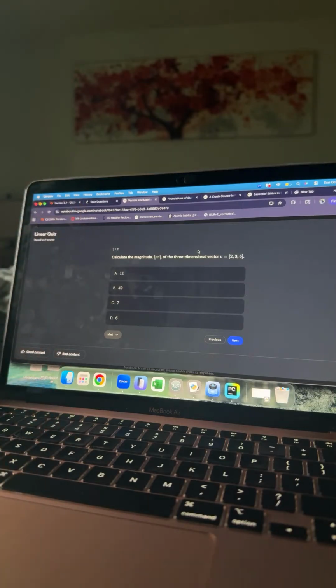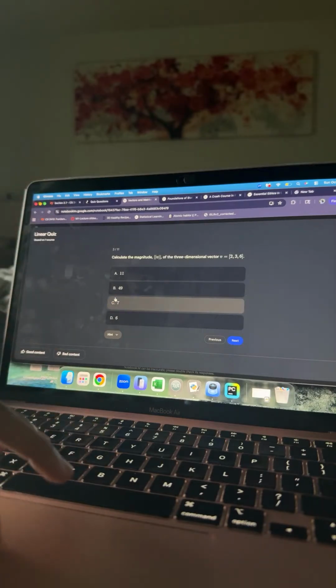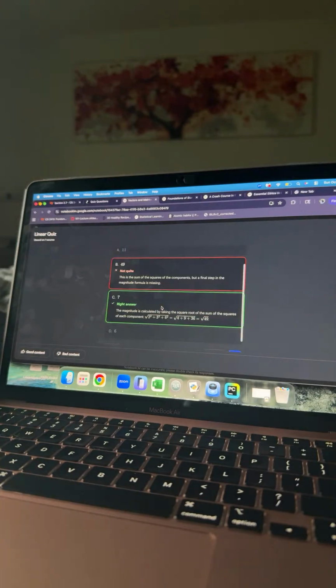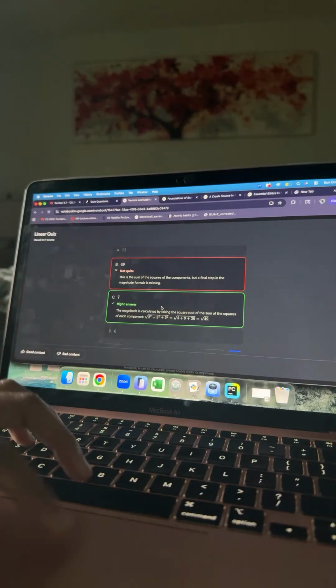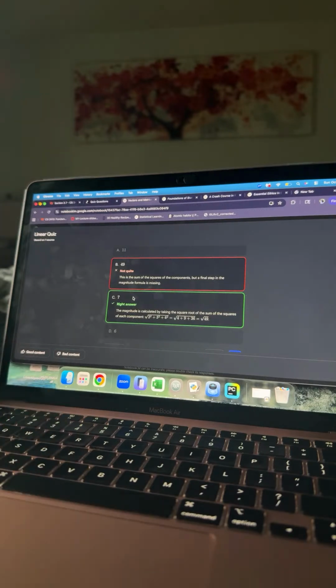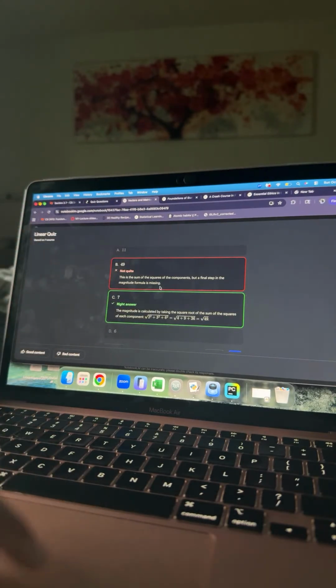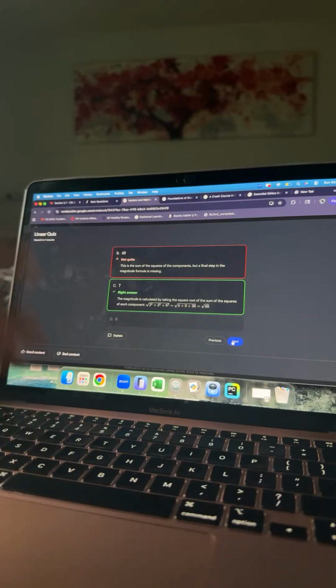Adding those, we get 13. 6 times 6 is 36. 13 plus 36 is 49. Oh, I forgot you have to take the square root. So I did the addition wrong. It was supposed to be 49. We also have to take the square root of 49, which is 7. So that makes sense. It's really tripping me out, this quiz. See, this is why we have to study.